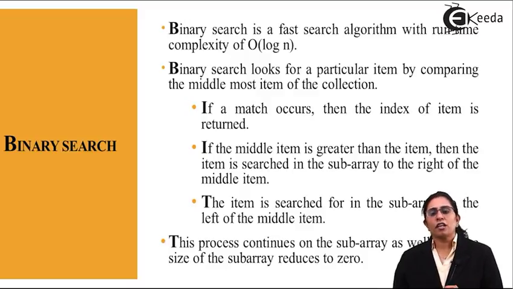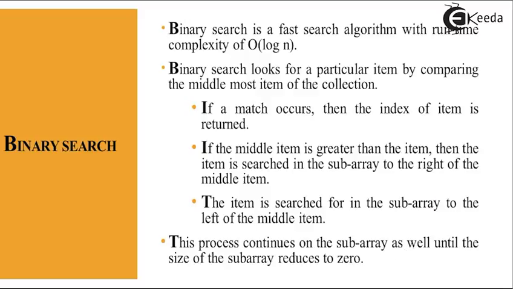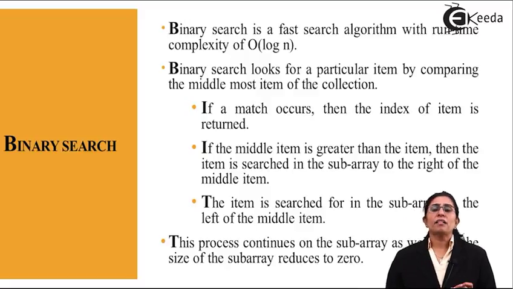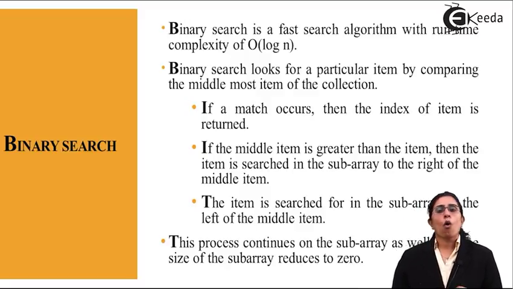The process continues on the subarray until the size of the subarray reduces to 0, or until I have found the particular element in my list. Once the element is found, we say the element is searched using binary search.